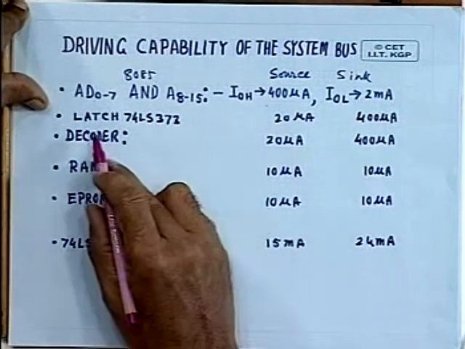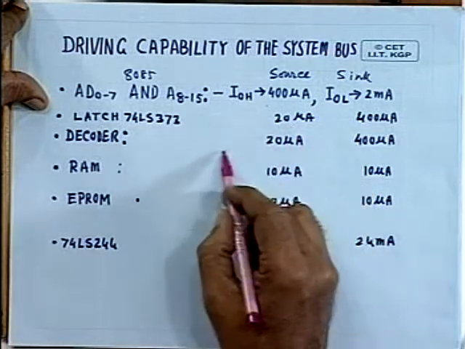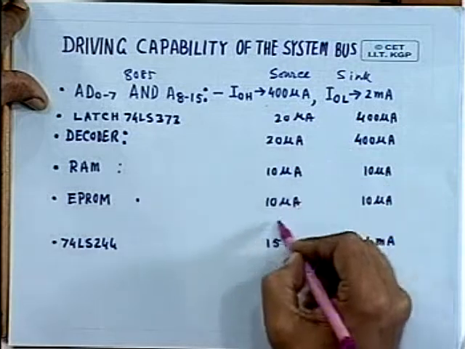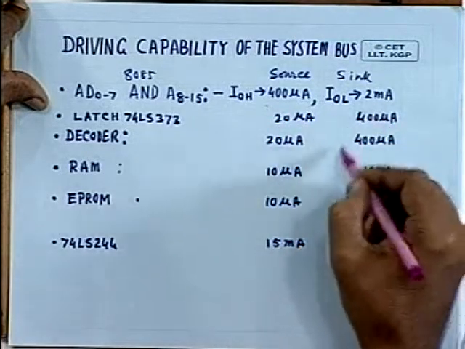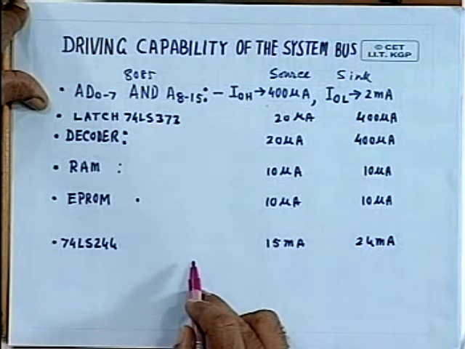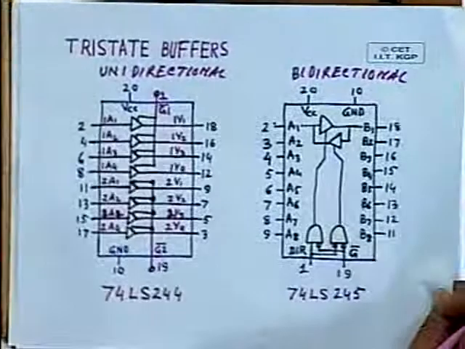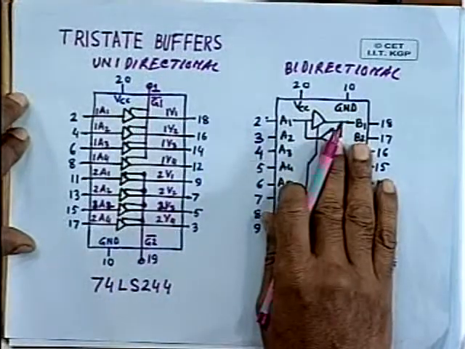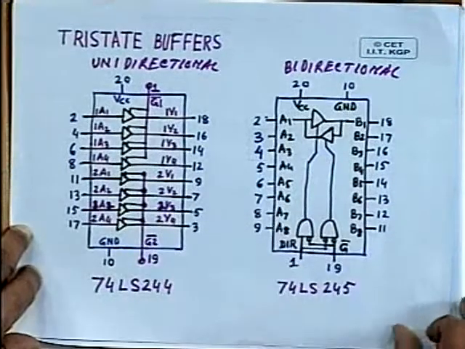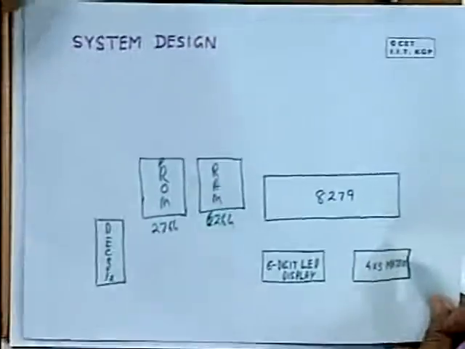You can see here, whenever you will be using other devices like latch, decoder, RAM, ROM, their source current or sink current requirement is not very high. But whenever you will be using a larger number of chips in future, then you have to use this kind of tri-state buffers at the output, so that you can do future expansion. So the system design has to be done in that way.